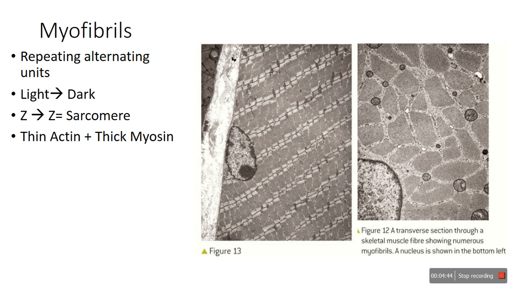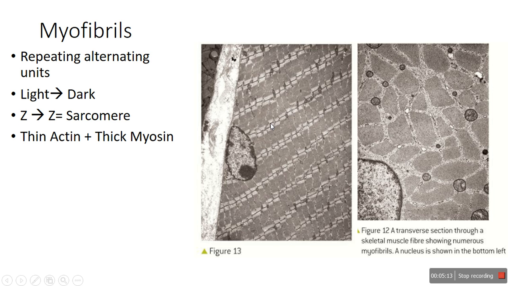So in this electron micrograph, you can see quite clearly a longitudinal section through a myofibril, and a number of repeating units that alternate between light and dark. So you've got a light part here, a Z line, another light part, dark, going into light, and another Z line running down the center.